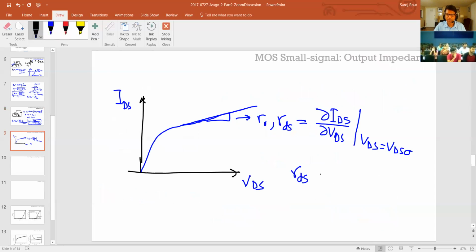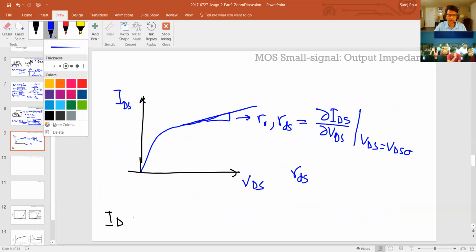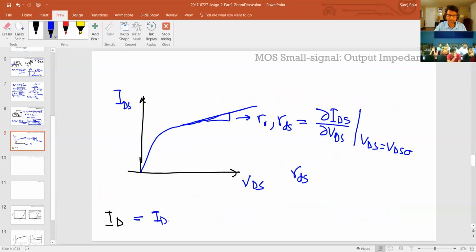And again, I won't go to the detailed derivation, but you can see that this ID was equal to some ID sat, and this ID sat is nothing but mu n COX times W over L times V effective squared. That's what I call ID sat. So that's the current at this point right here.